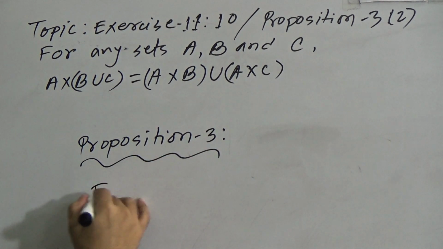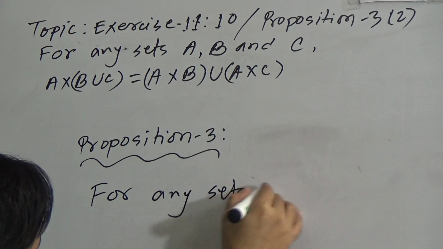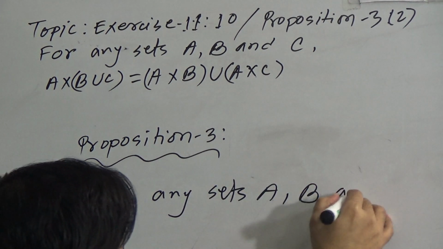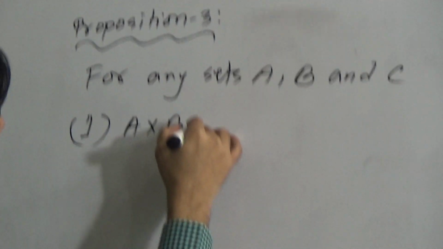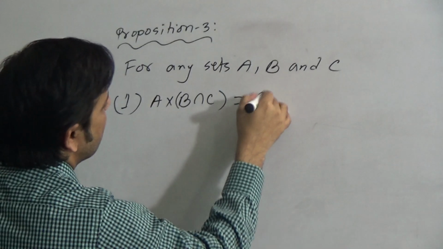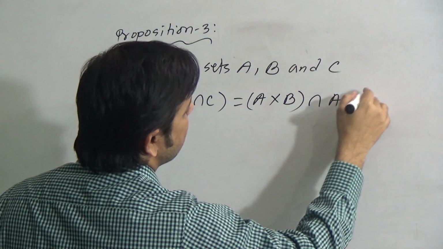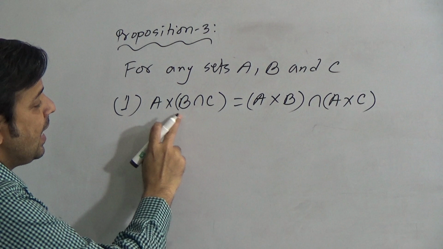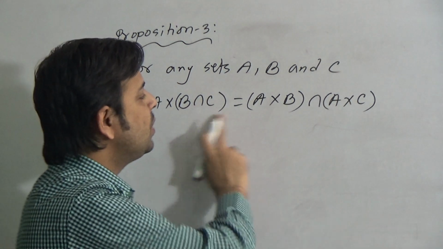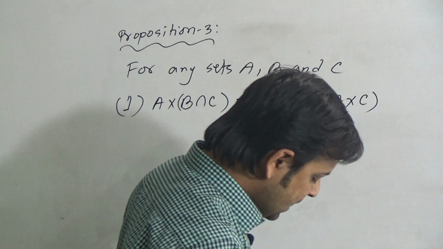For any sets A, B and C, we have first, A cross B intersection C is equal to A cross B intersection A cross C. It means the Cartesian product of A and B intersection C is equal to the Cartesian product of A and B intersection the Cartesian product of A and C.